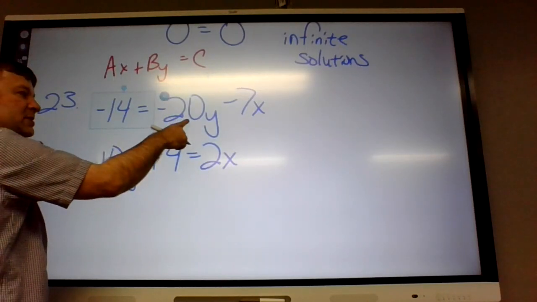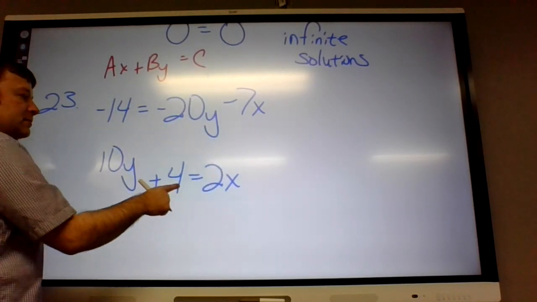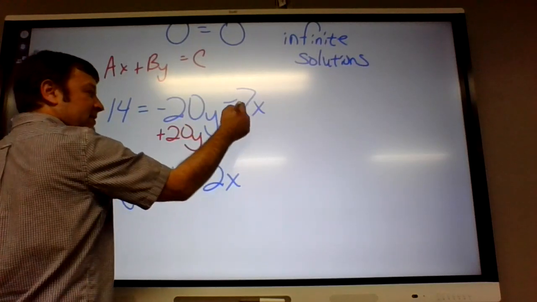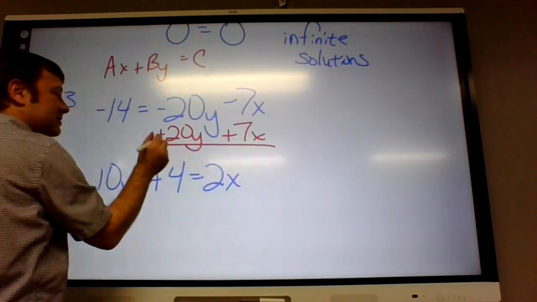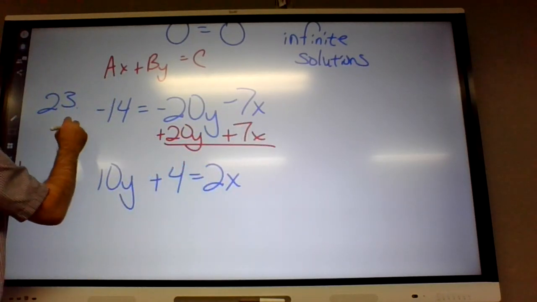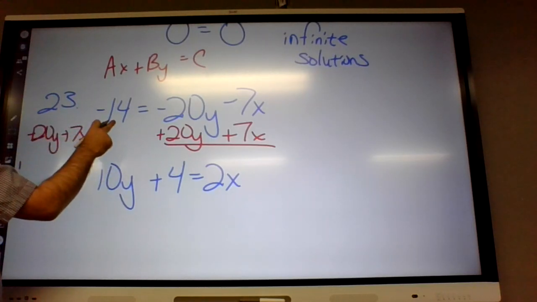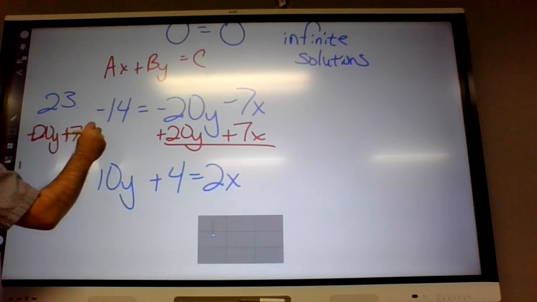So how do I move this to the left? I'm going to add 20y and 7x. How do I get rid of the minus 14 on this side? Plus 14.